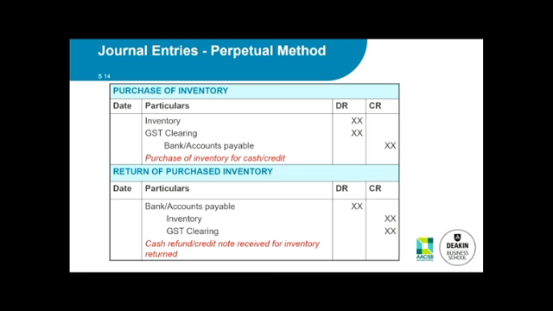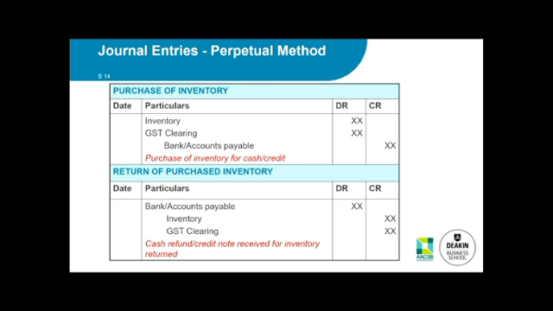Inventory is gone, so we have to reduce that inventory, and we have to reduce our GST clearing, because if we return the inventory, for the GST amount over there, we can no longer claim that back from the ATO, right? So we have to reduce our GST clearing asset by that amount.